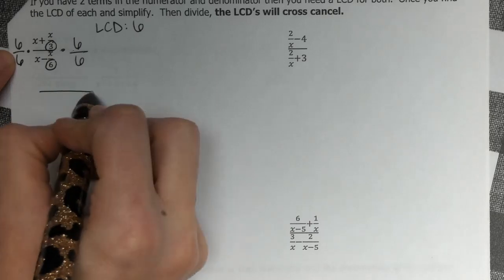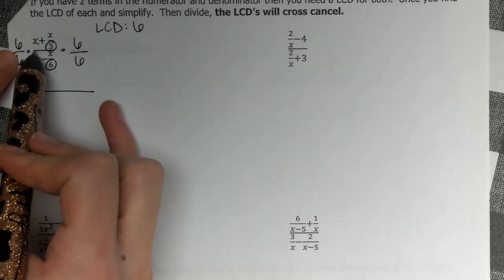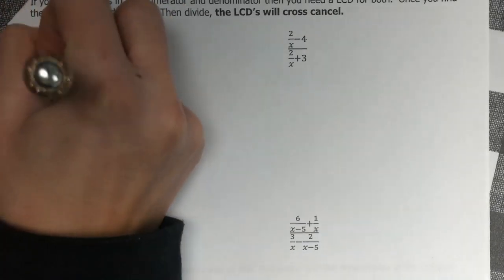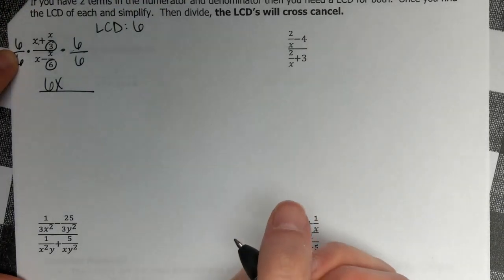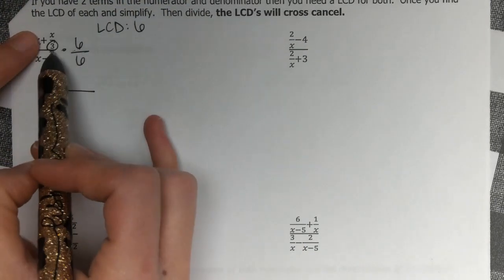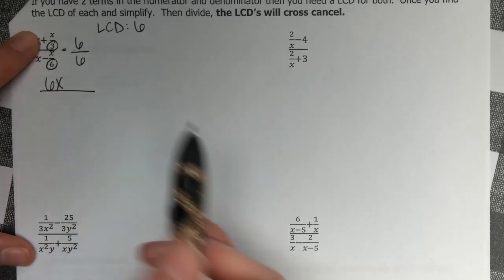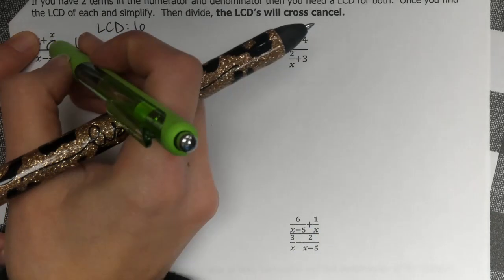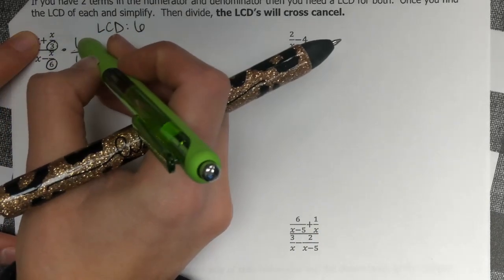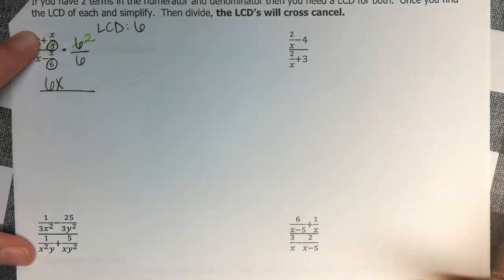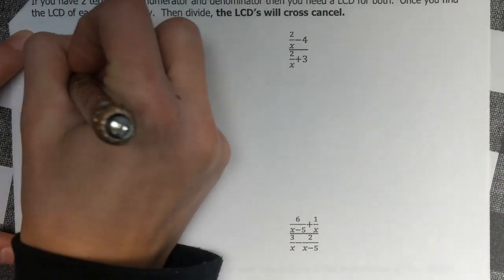Okay? This x doesn't have a denominator, right? So I'm just doing 6 times x, which is 6x. But when I do x over 3 times 6, that can simplify, right? What do I really need to be multiplying 3 by to get to 6? 2. This would be a 2. So this is just a 2x.